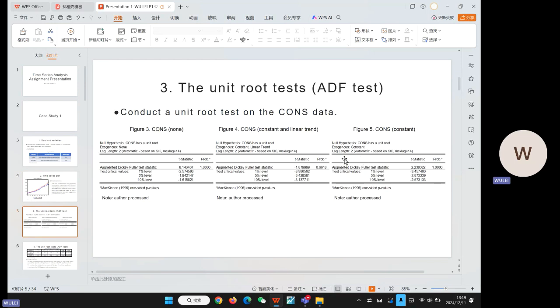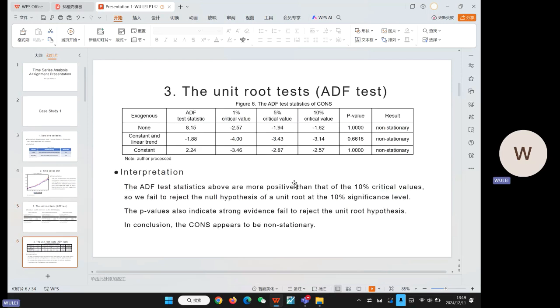Next step, conduct a unit root test on the cons data. There are three pictures from EViews, the results of the ADF test. Statistics are in figure 6. The ADF test statistics above are more positive than the 10% critical values, so we fail to reject the null hypothesis of a unit root at the 10% significance level.